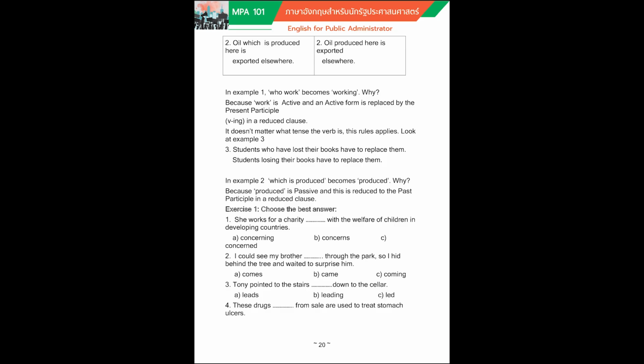Students have to make sentences using because, since, and for. Number 2: I'll buy you lunch since it's your birthday, or as it is your birthday.